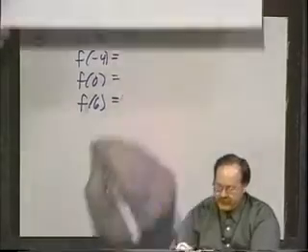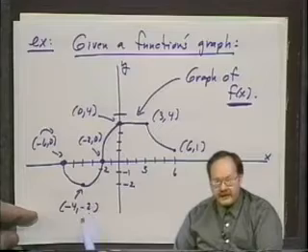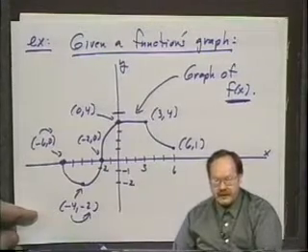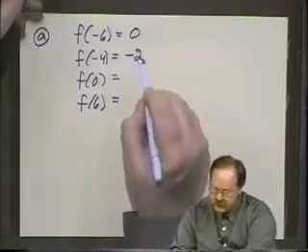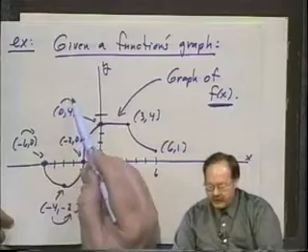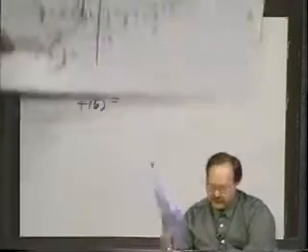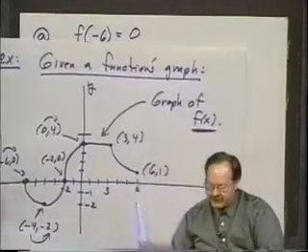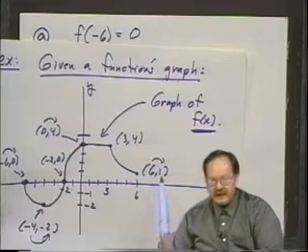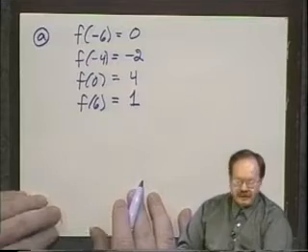So it's 0. Then I want to know about minus 4. Minus 2, because minus 2 is the range element associated with minus 4. So minus 2. What about f of 0? Here's 0, 0 to 4. 0 is the domain element, 4 is the range element. So it's 4. How about 6? 6 to 1. 6 is the domain, 1 is the range. So I've answered this question pretty easily from the picture.